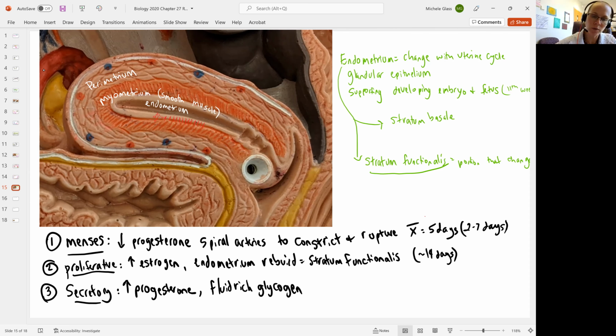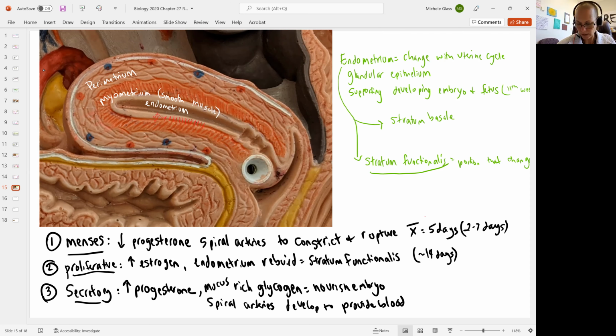I think fluid is a little bit generous. It's more of a mucus rich in glycogen. This is going to nourish that embryo that's coming in from that fallopian tube and preparing to implant. Those spiral arteries are really developing to nourish all this tissue. And we'll see that this is lasting about 10 to 12 days.